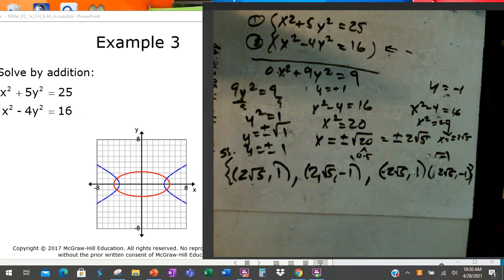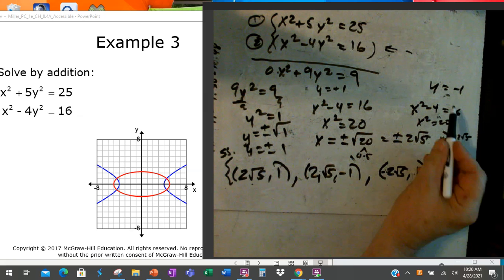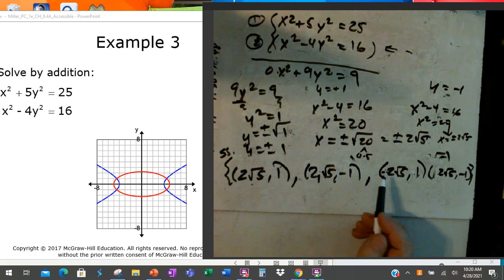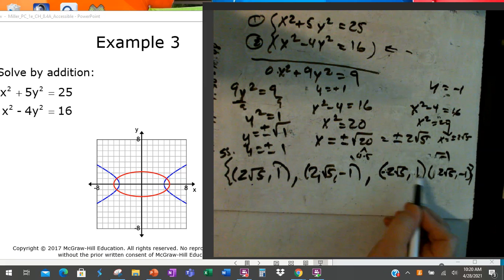So for 1, I had 2 of these versions, this one and this one, and then for my negative 1, I should have 2 solutions here, like that.